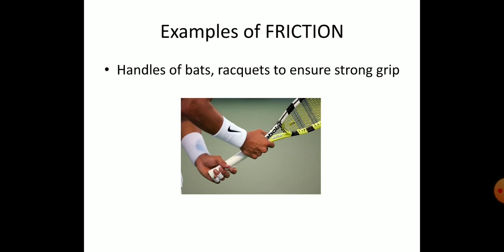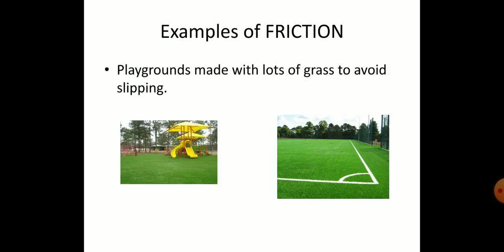Then the handles of bats and rackets. You see in this tennis racket, the shuttle racket, the bat, every handle will have a grip so that the players can hold it with a strong grip. They can handle it very steadily instead of slipping. So this is an example of friction.